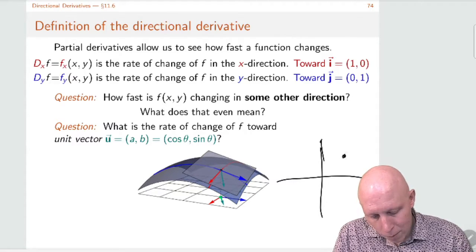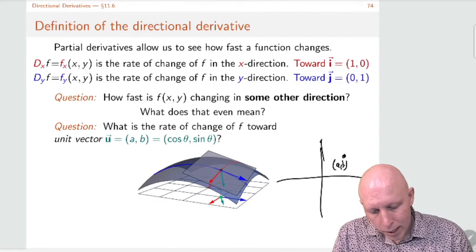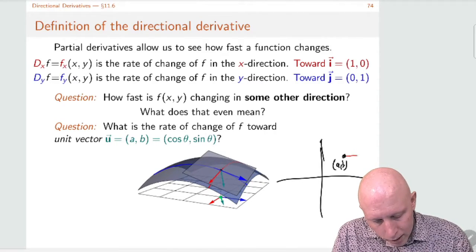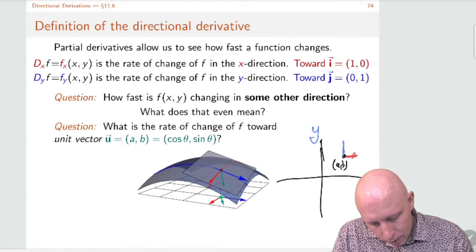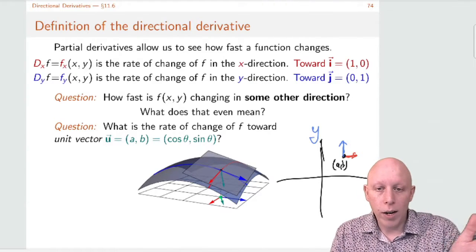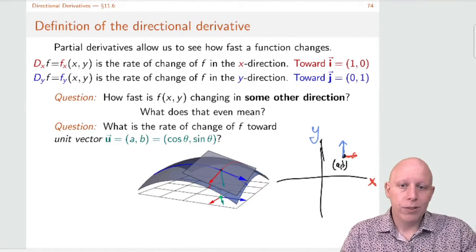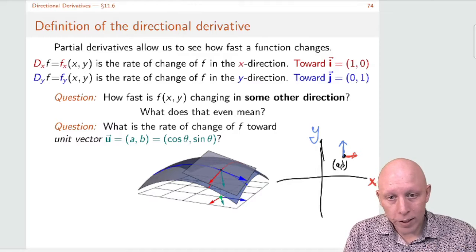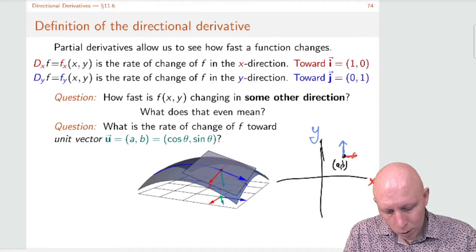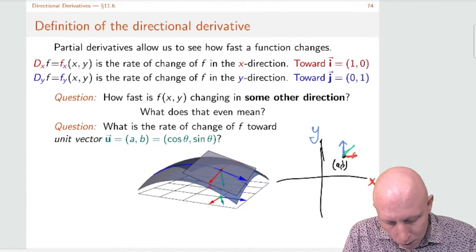We're here at this point (a, b), and we've considered walking in the x direction, right? We're labeling our axes x and y. We've considered fixing y and walking in the x direction. We've considered fixing x and walking in the y direction. But now what we'd like to do is maybe walk in some other direction.